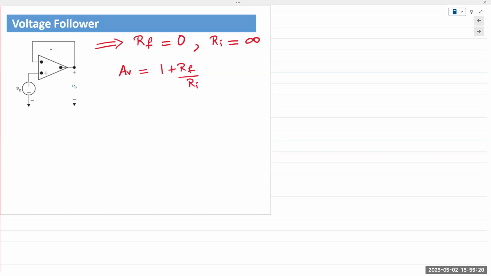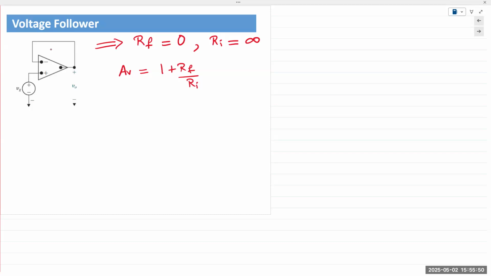Okay. So just mathematically speaking, without even analyzing the circuit on any level, if you just take the mathematical equation and plug in these values, what do you obtain? You have a non-inverting amplifier. The gain is 1 plus RF over Ri. RF over Ri is 0 divided by infinity. 0 divided by anything, answer would be 0, or anything divided by infinity, answer would still be 0.